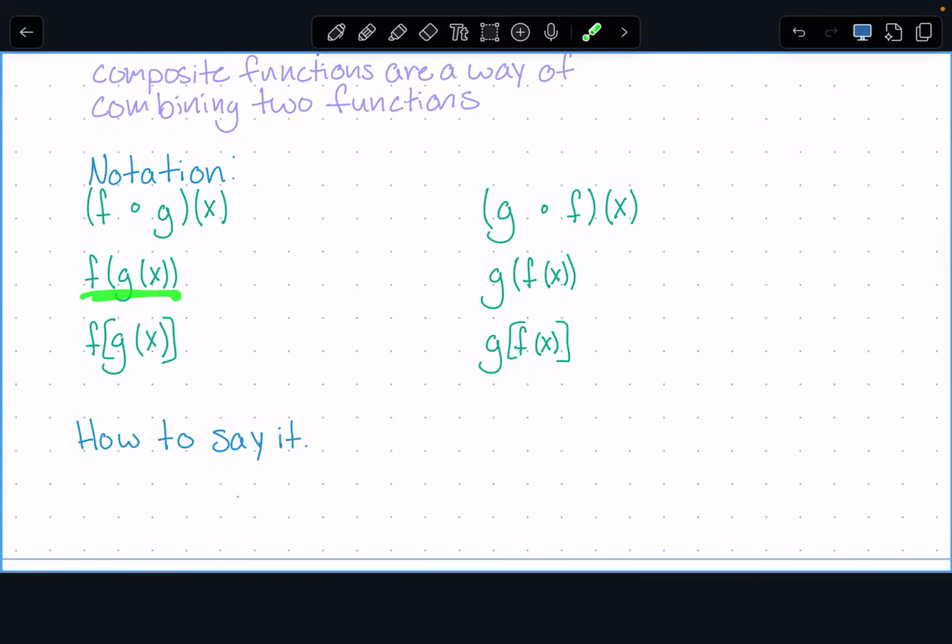So writing it in this way makes the most sense to my brain. This way is just this, but instead of having 2 sets of parentheses right next to each other, a lot of people like to write parentheses like this. It just changes it so that we don't have 2 parentheses right next to each other.